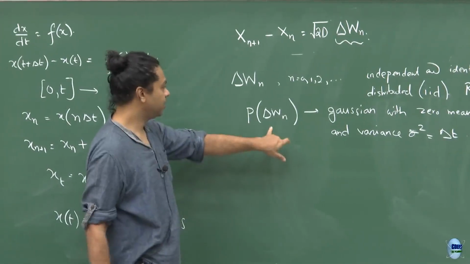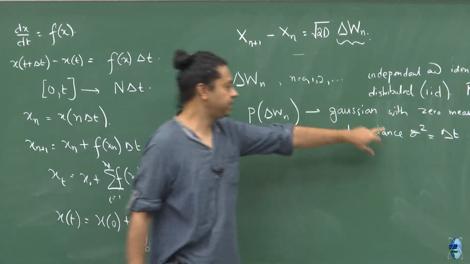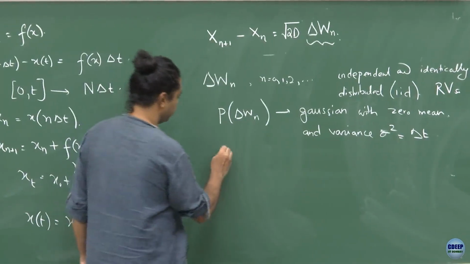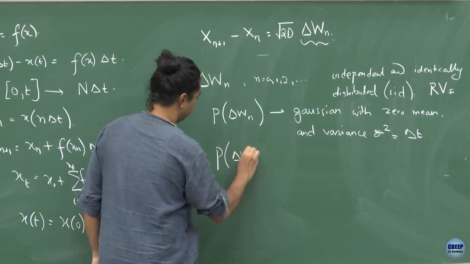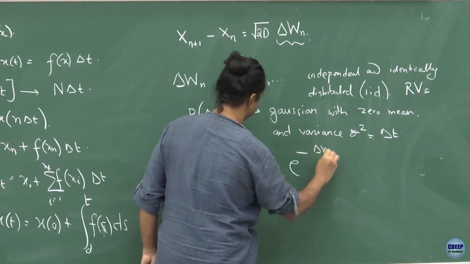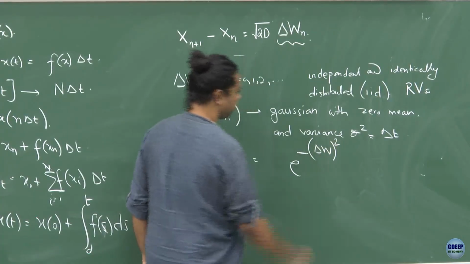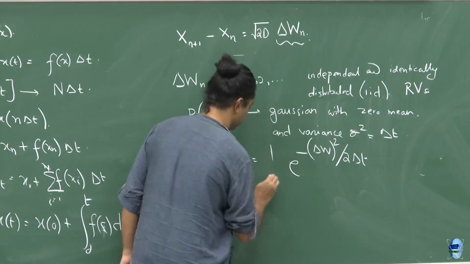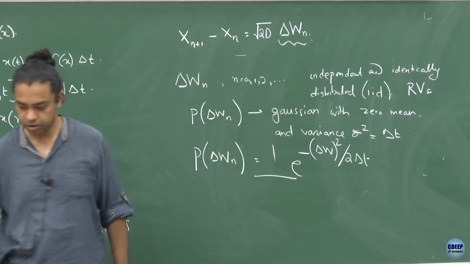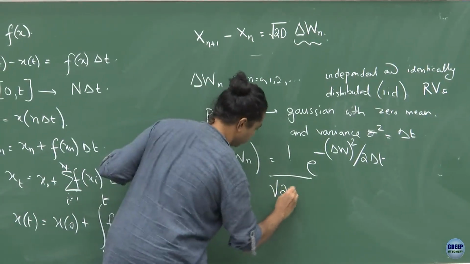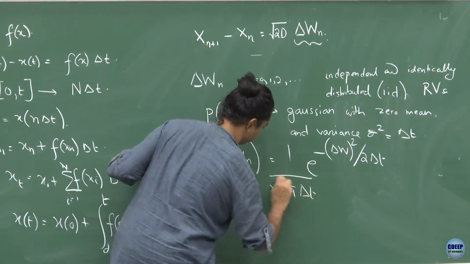Anyway, this is a Gaussian with zero mean, and this variance sigma square is delta t, which means that p of delta w n is 1 by square root 2 pi sigma square, so 2 pi delta t, times e to the power of minus delta w whole square by 2 sigma square, so by 2 delta t.